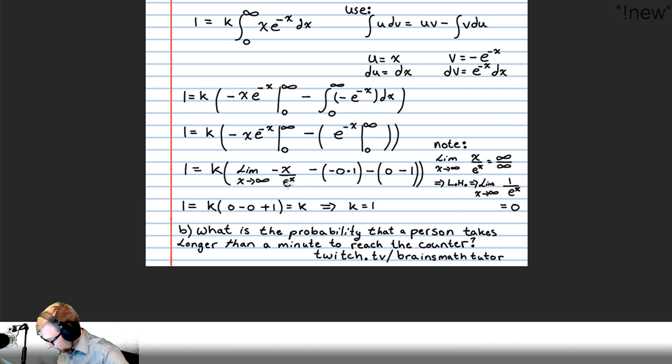And rewriting that is good. Maybe I should say L'Hopital's rule, or is it implied?